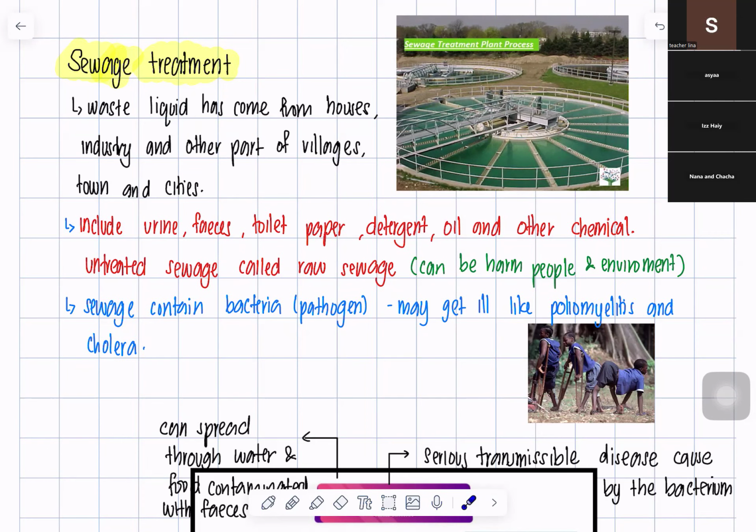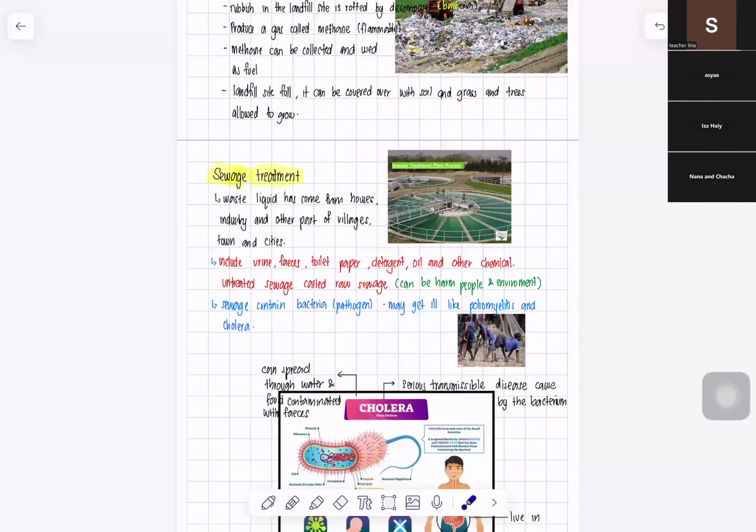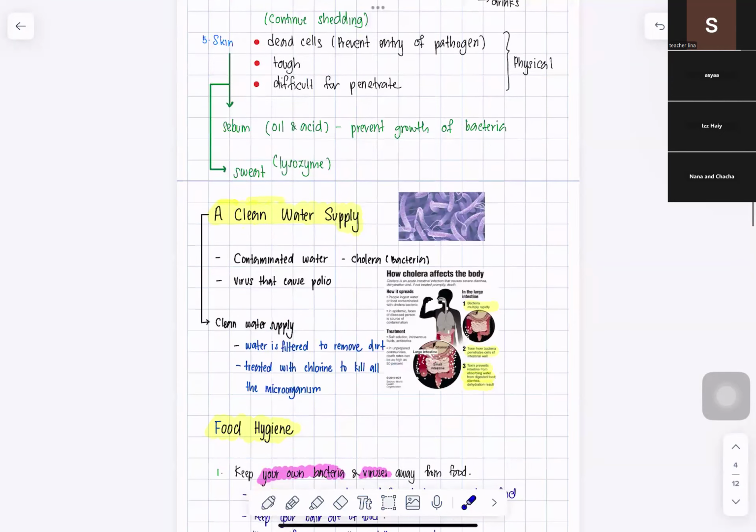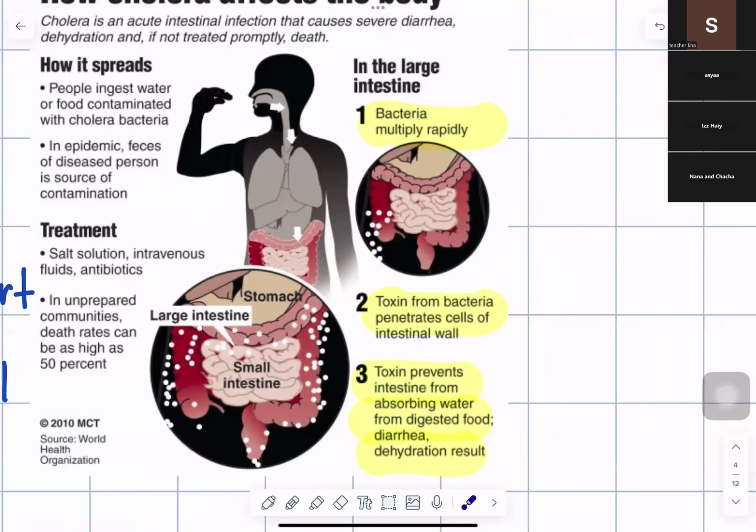Then they enter the small intestine, where bacteria multiply rapidly and produce toxin. It enters the intestinal wall, and the toxin prevents the intestine from absorbing water. You just need to know this because it is in your Paper 4, subjective. Okay, so is it clear? Any questions? No, no questions.